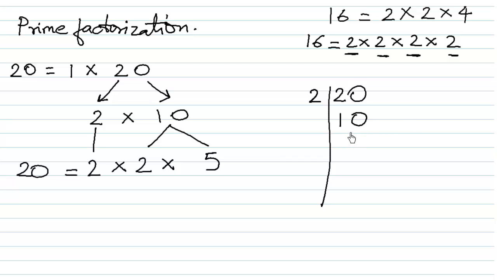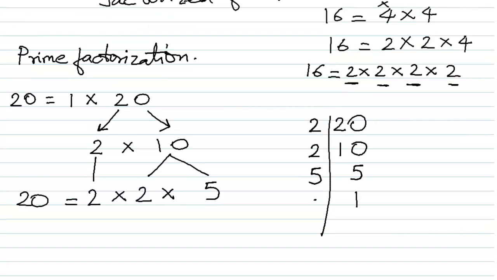Now 10 is a composite number, so it goes in some or the other table. So it's 2 5s are 10. And 5 is a prime number, so we're going to write 5 as it is. And 5 1s is 5, and we can put a dot or nothing over there. And therefore we can write it as 2 multiplied by 2 multiplied by 5.